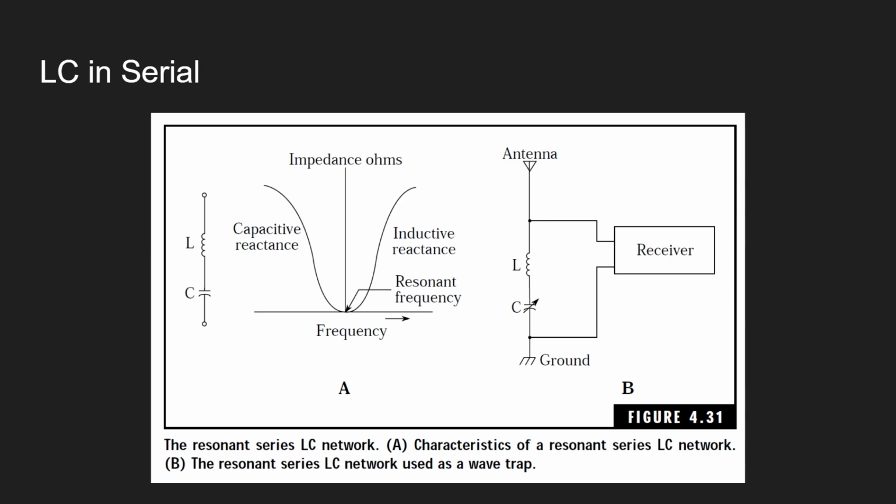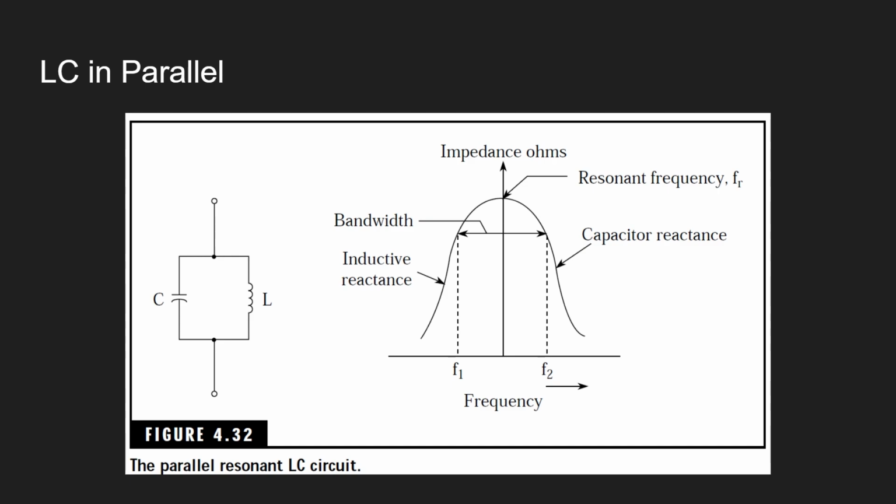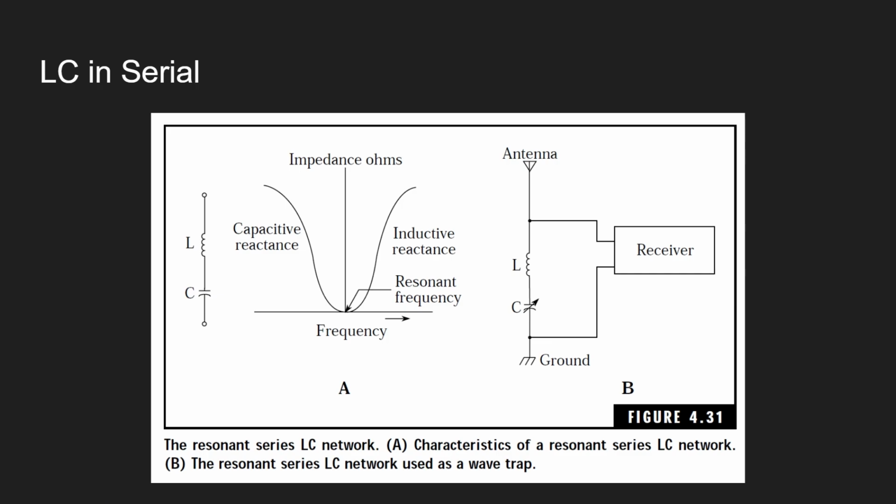So for an LC circuit, at the frequency point, the impedance is lowest in series, but in LC parallel, the impedance will be highest. You just have to memorize this as a hard fact. But actually, you will make use of these properties in your exam. So it really depends on how you do the math.